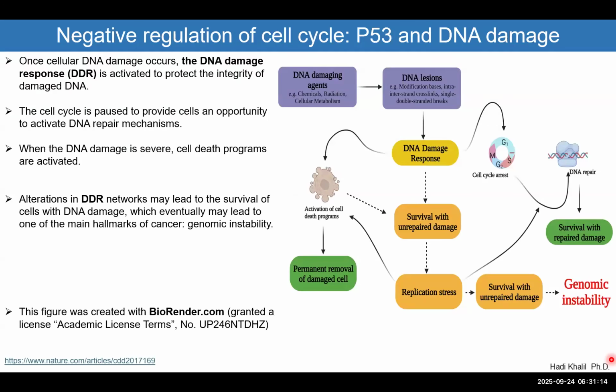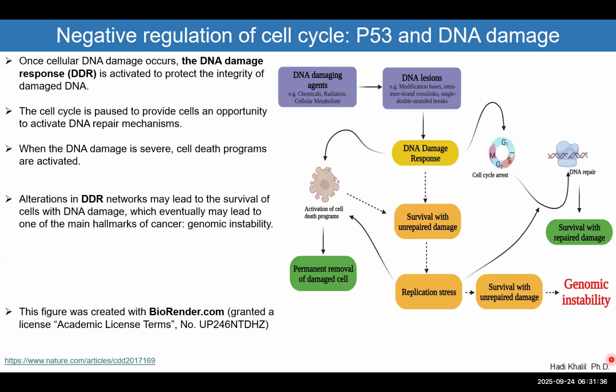So to summarize, this is another example where DNA damaging agents like chemicals, radiations, or cellular metabolism related products could lead to damage in the DNA at the level of the nitrogenous bases.